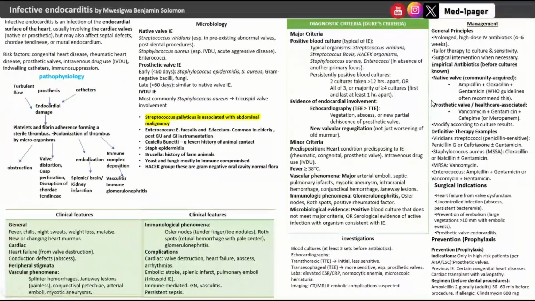So let us revisit our patient who had a fever, weight loss, Osler nodes, Janeway lesions, and microscopic hematuria. On examination, he was found to have a murmur and splenomegaly, and on further history, it was found that he had had a dental extraction recently.